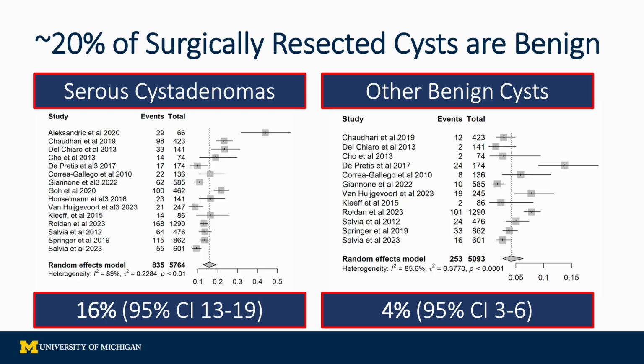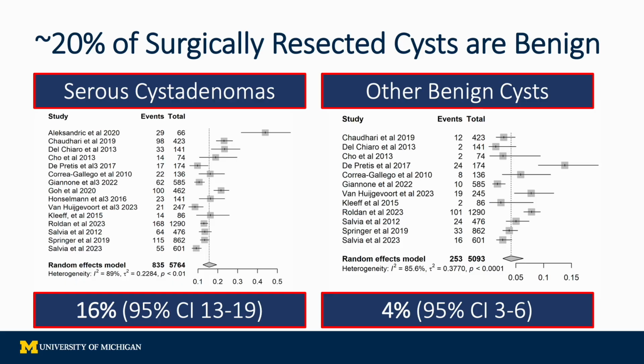So in this slide, you can see two forest plots of the prevalence of surgical resections for serous cystadenomas at the left and a benign cyst, including pseudocysts, lymphoepithelial lesion, etc. at the right. Overall, we found that among all surgical resections, 16% were for serous cystadenomas and 4% for other benign cysts, adding up to roughly 20% of surgical resections that are done purely for benign lesions.